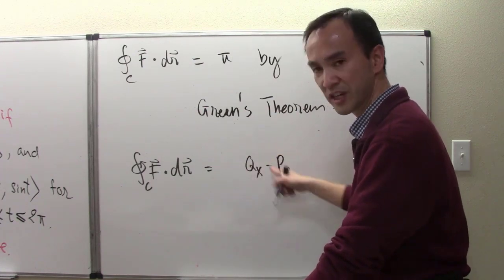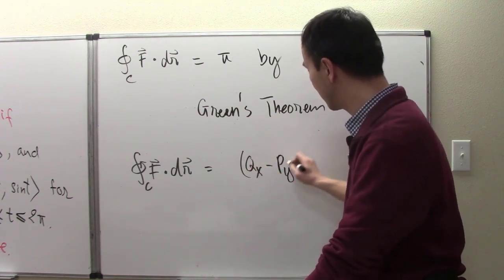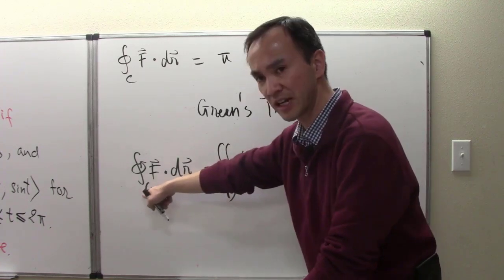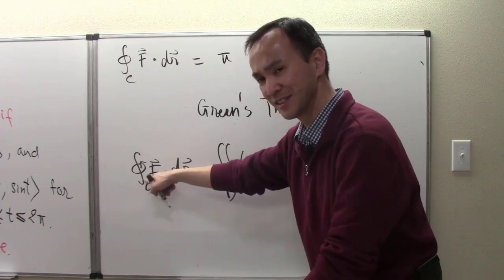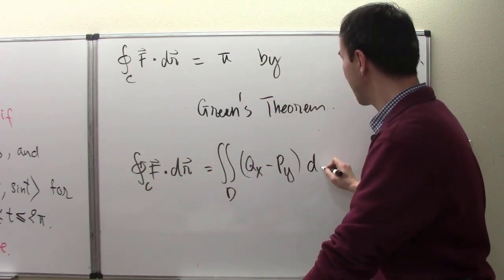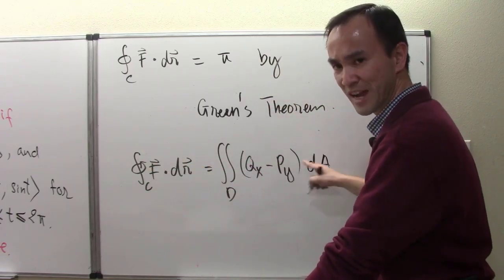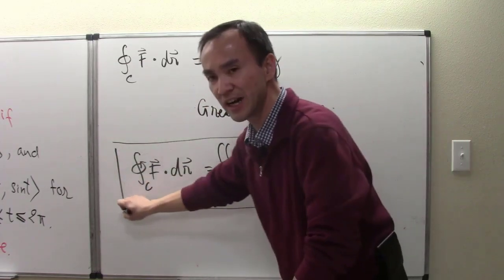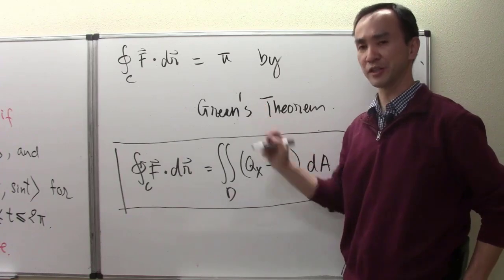So that is surely a function of two variables. And then we integrate as a double integral over the region trapped inside of that curve. That's the main core idea, the most highlighted idea in Green's theorem.